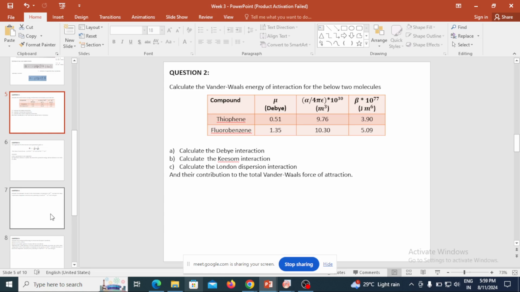The question is, calculate the van der Waals energy of interactions for the two molecules given below, and then they are asking you to calculate the value for individual interactions, that is your Debye, Keesom and London dispersion forces, and then their contribution to the total van der Waals forces of attraction.